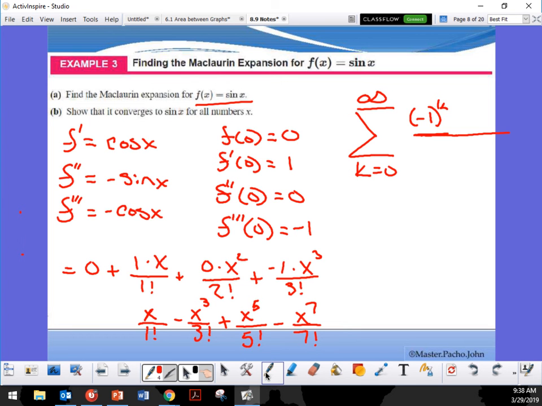But remember, we're starting here, because when k equals 1, it's negative x cubed. My first term should be 0. So the second term is k equals 1. It doesn't have to be k plus 1, just k is 1.